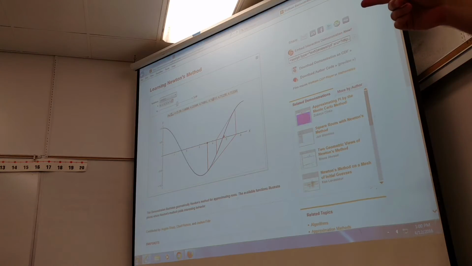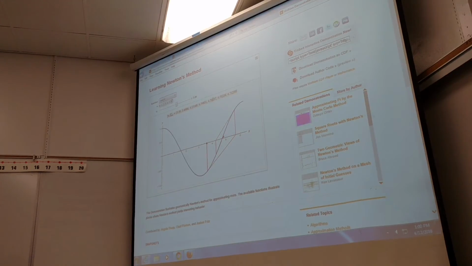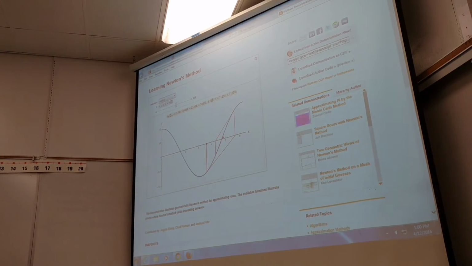Your tangent line is going to require some math, sort of like the one we just did in the last question. You have to build the tangent line off this first guess. Thankfully, it's going to be an actual number, so it'll be a little easier to work with. So here comes the math. The idea is really pretty simple, but to construct the tangent line is going to take a little work.